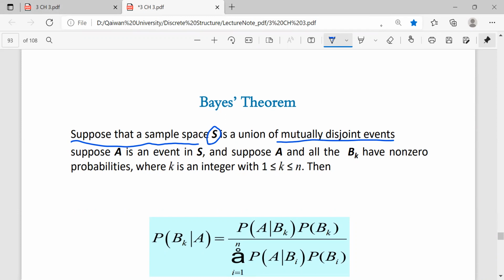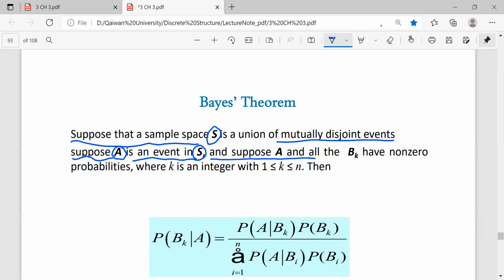Here we have some mutually disjoint events. The union of them is our sample space. And suppose A is an event in S. It's an event from S. S is the sample space. Here we take only an event from the sample space. We denote it by A.